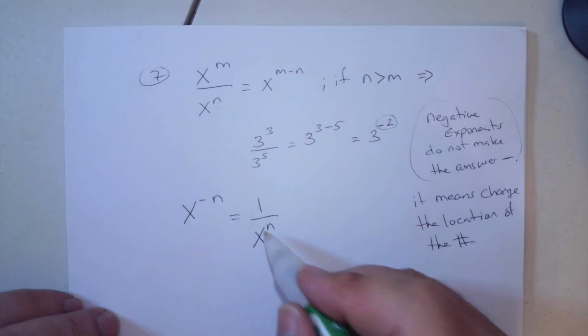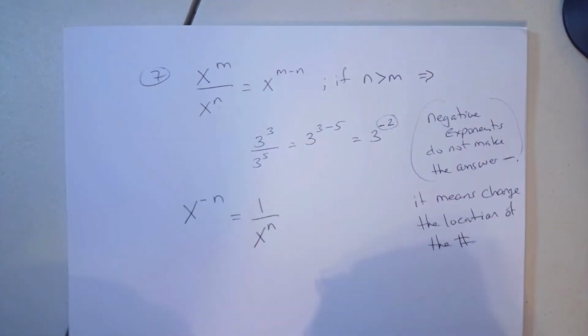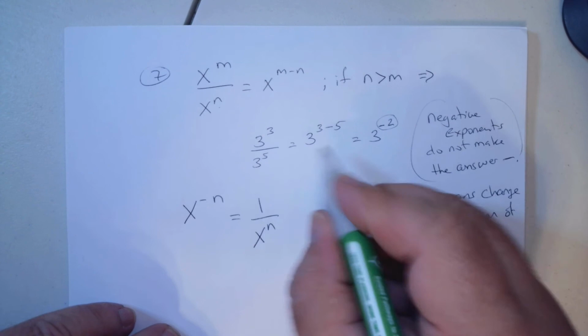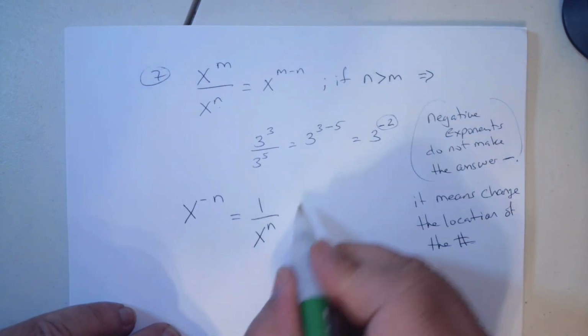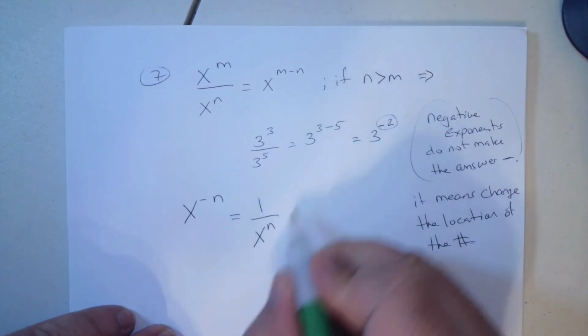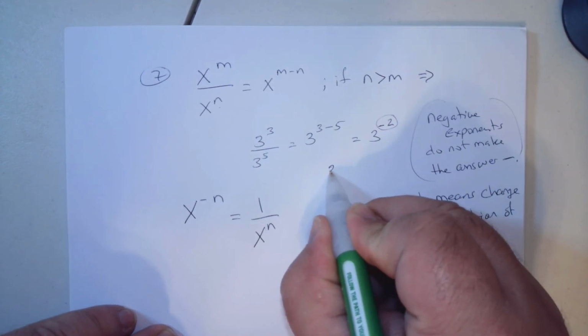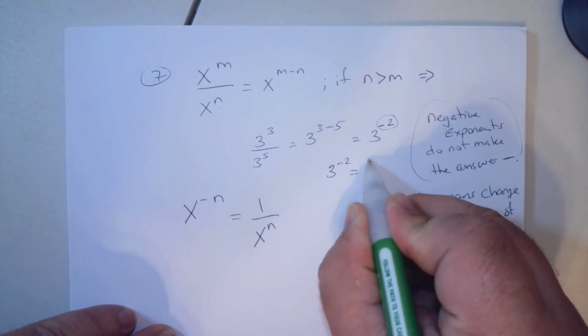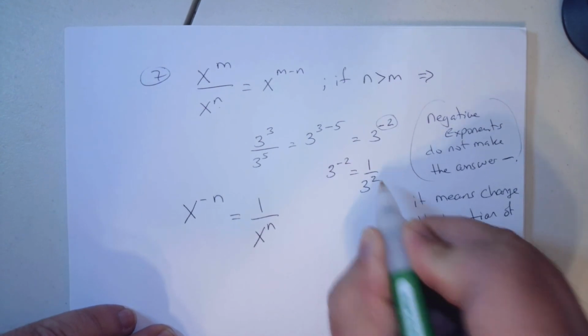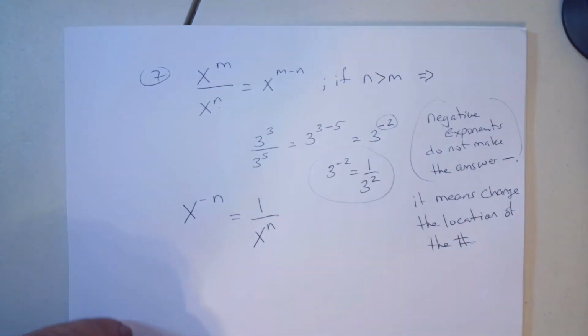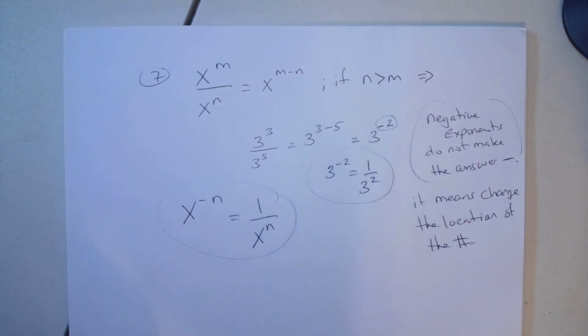If it's on top, move it to the bottom. If it's on the bottom, move it on top. So let's look at this example here. We know that since 5 is on the bottom, we'd have 2 left over. So 3 to the power negative 2 is the same thing as 1 over 3 squared. Which is what this says.